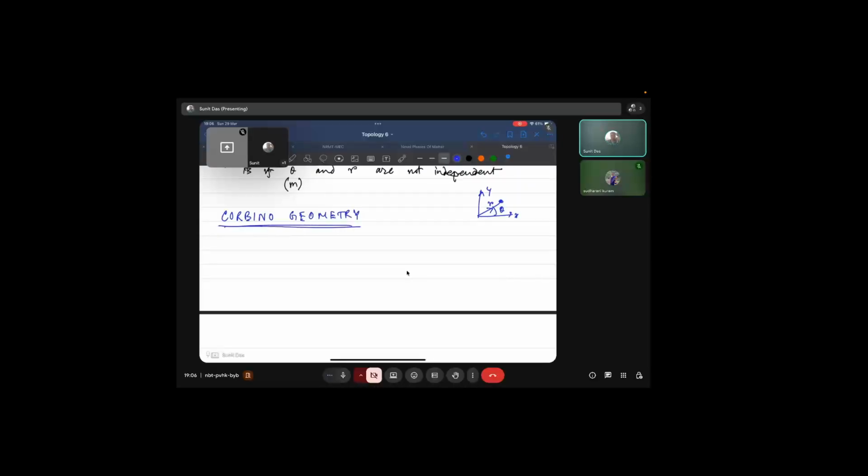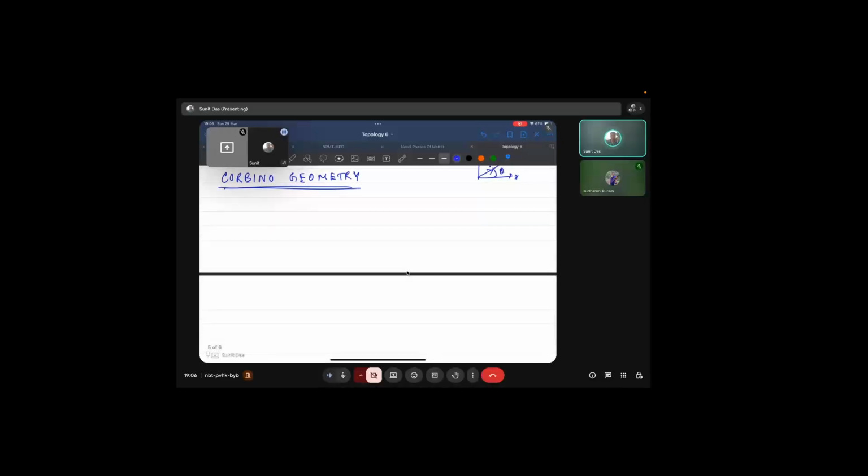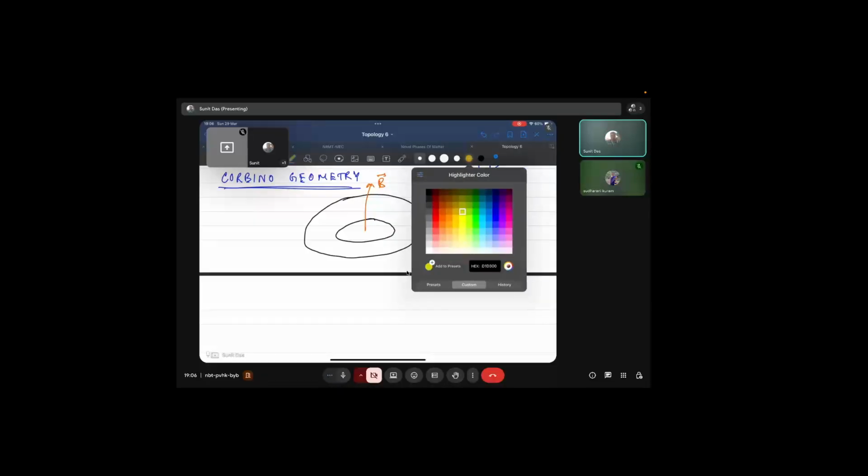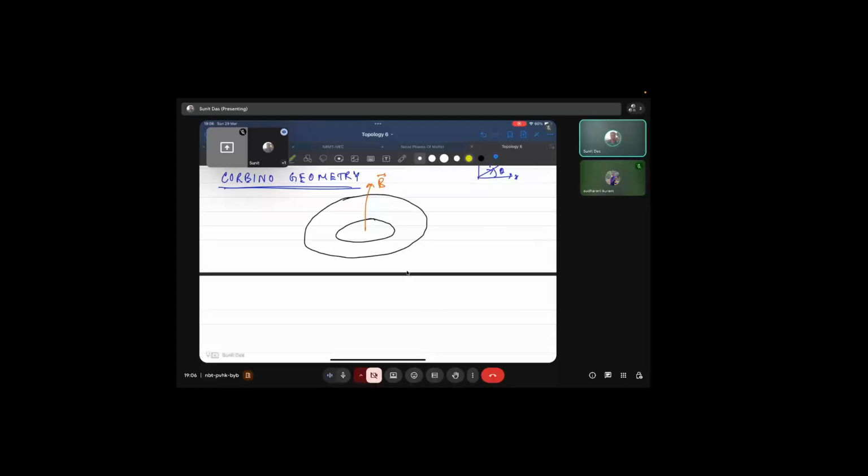So here imagine you have something like this, and imagine that you have a magnetic field applied. This is a kind of disk. This is actually a hollow disk, so this part is filled.